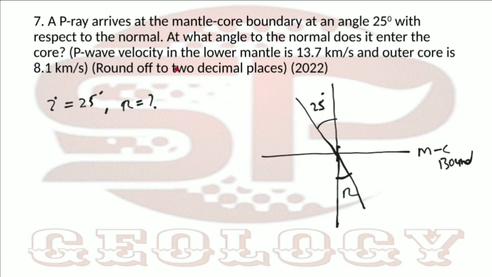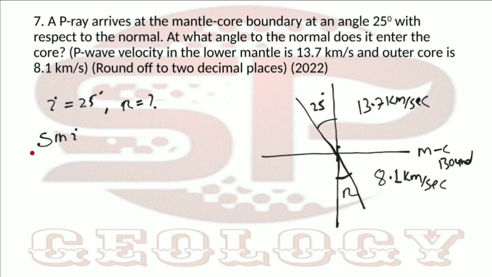Given the P wave velocity in the lower mantle is 13.7 kilometer per second. This is the lower mantle, and this is the outer core, where it is 8.1 kilometer per second.